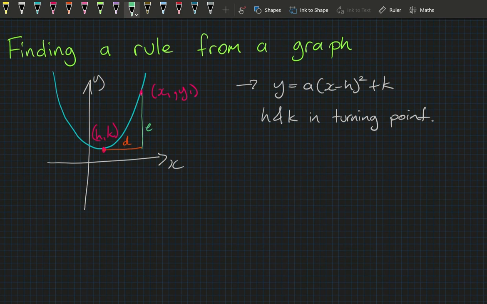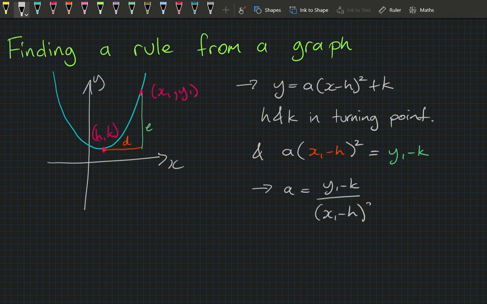So I know that I can find a as a times (x1 minus h) squared equals y1 minus k. Because all I have to do is rearrange that, and we're left with a is equal to (y1 minus k) divided by (x1 minus h) squared.